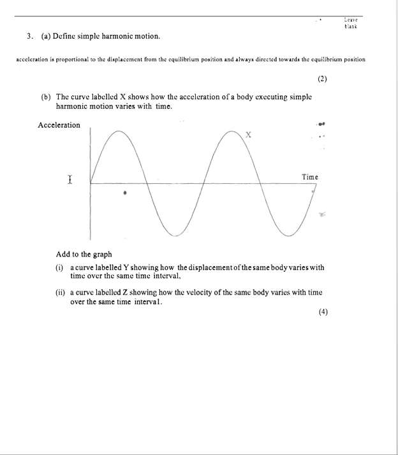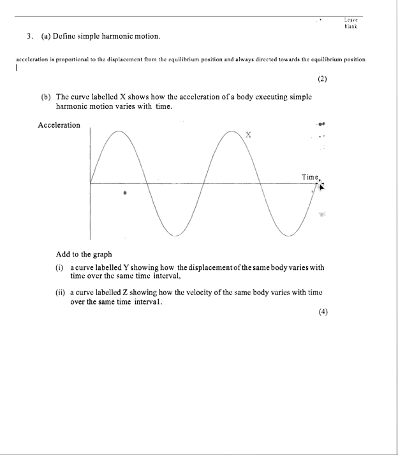So at all these points of 0 acceleration, 0 displacement as well, it's going through the center of oscillation, and that's the point at which it's traveling at its fastest. If you think about a mass on a spring or a pendulum, you'll see that that's the case, although we've already established that in our setting up of SHM notes. So the maximum velocities will be here, here, here, here, and here.